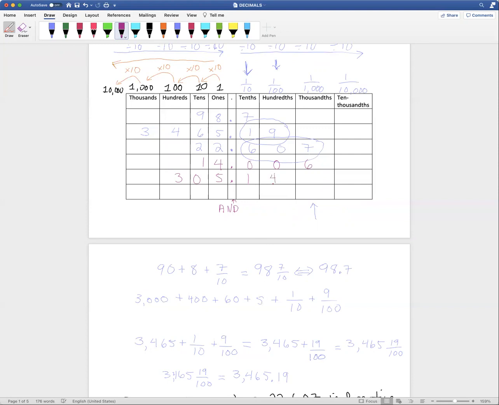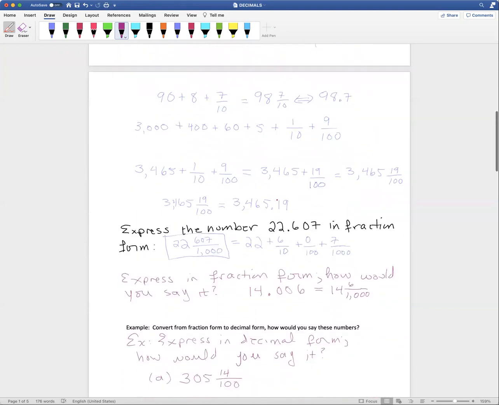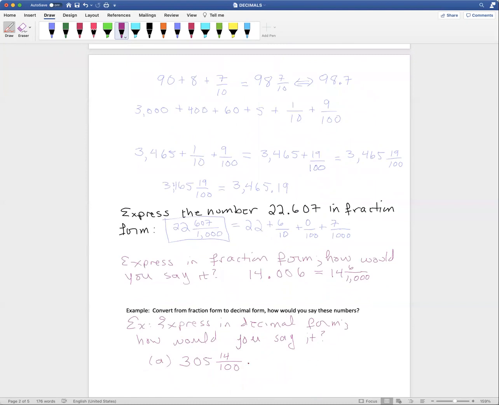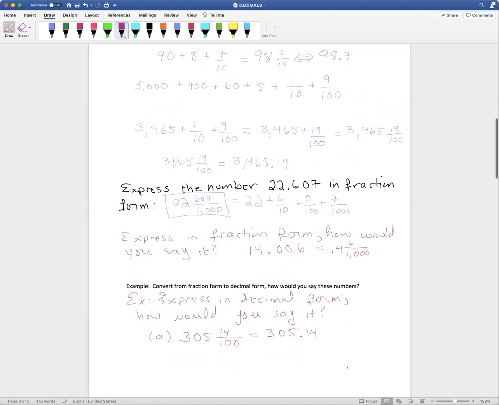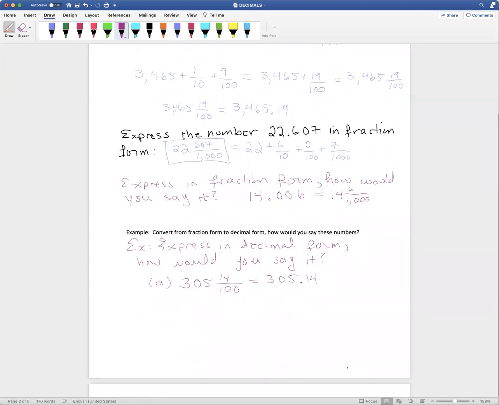And that would work if we put the decimal right here, right? We would say this number right here as 14 hundredths. So 305 and 14 hundredths in decimal form would look like this. 305 and, right, the fraction and decimal are equivalent to each other. And 14 hundredths. So 305.14.